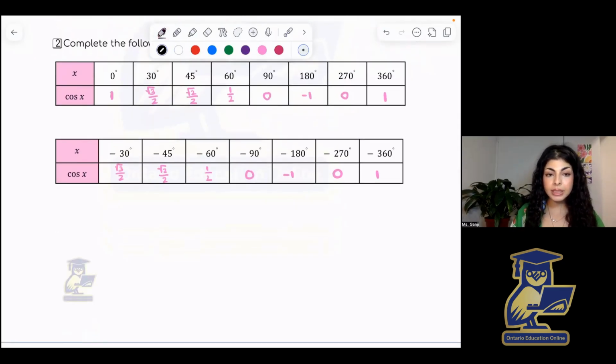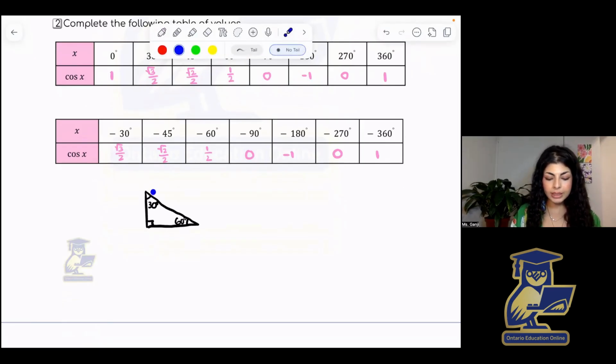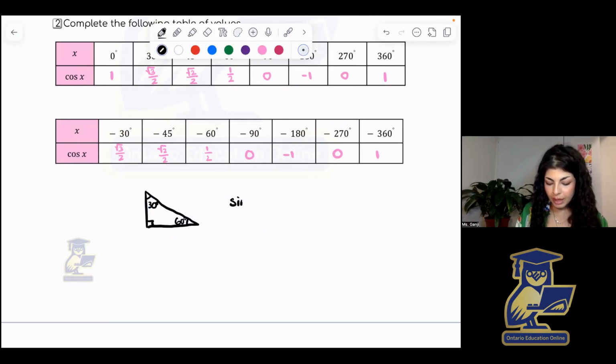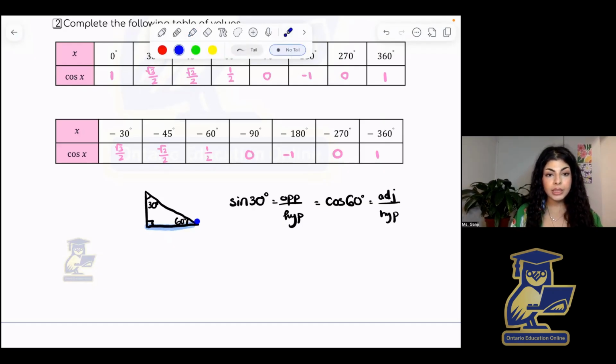And the reason for that is because these all connect back to a right triangle, right? So if we have a 30-degree angle here and a 60-degree angle here for a right triangle, then of course the sine of 30, which is the opposite over the hypotenuse, is going to be the same as the cosine of 60 degrees, which is the adjacent to that angle and its hypotenuse, because the side length that's adjacent to the 60-degree angle is also opposite to the 30-degree angle.